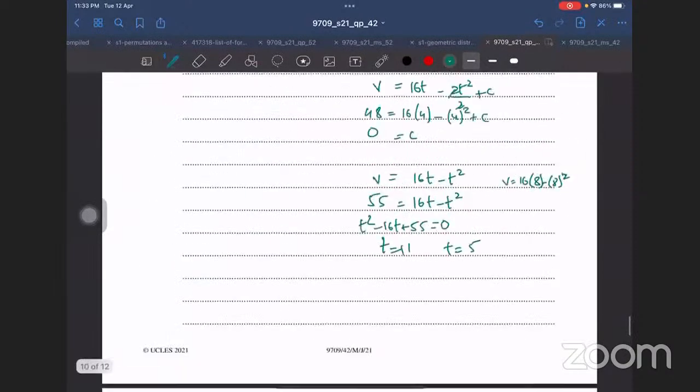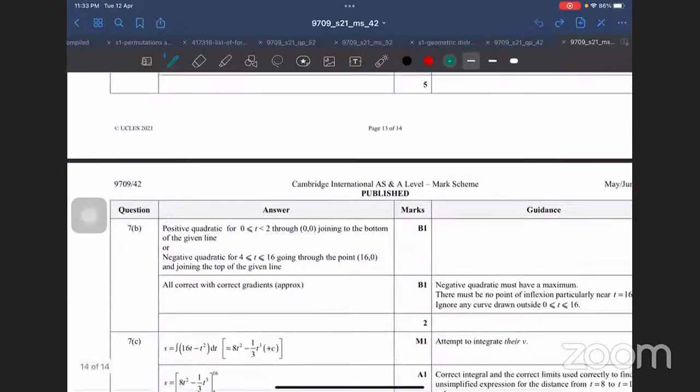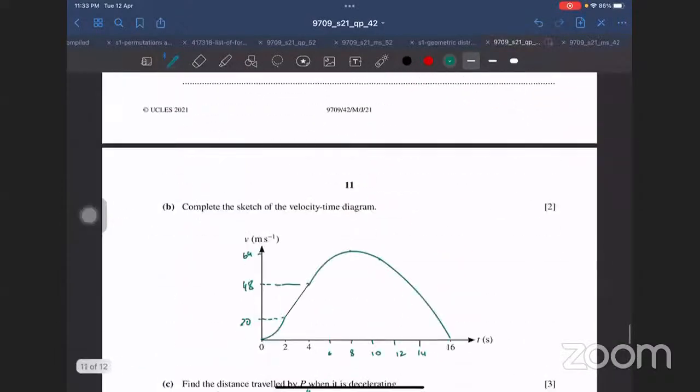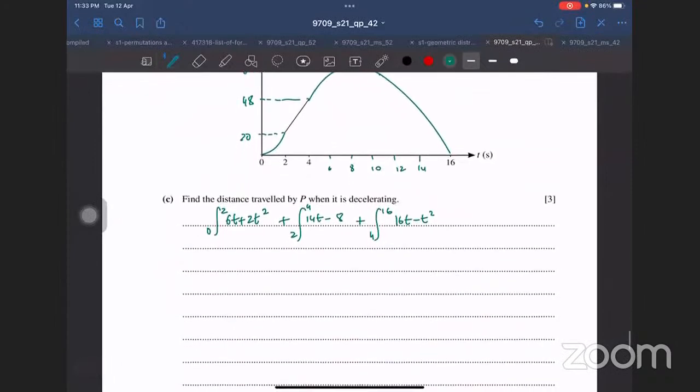I just want to check if I solved the first part correctly since I didn't check the answers, t equals 5 and t equals 11. Okay. Integrating them quickly.